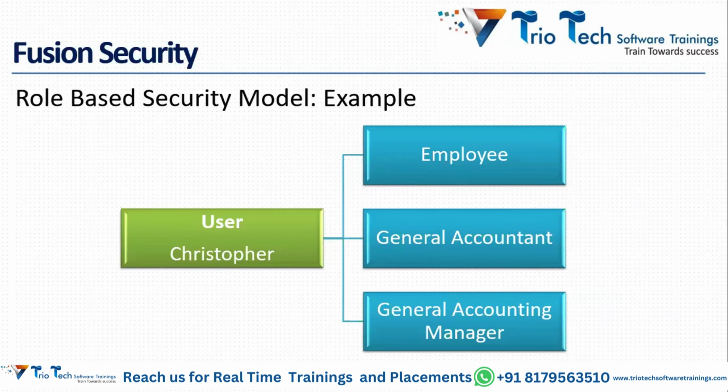Those activities, being part of the general accounting department, he has to carry out. That is when he would need the respective function access. Therefore, there is a predefined general accounting job role and general accounting manager role in Oracle that needs to be assigned to that particular user, so that in turn he or she gets access to the general ledger application to be able to carry out the activities.